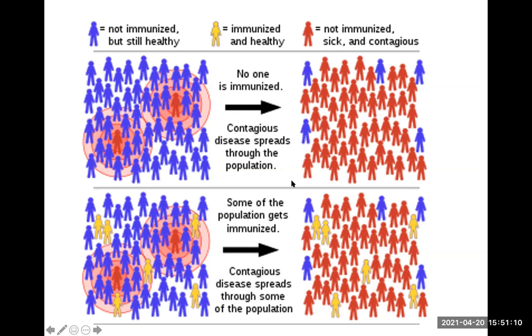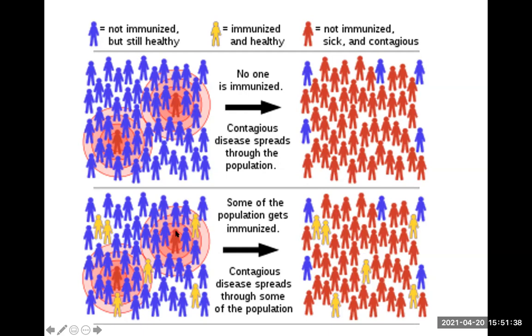Okay. Then you have a scenario where you start to have a few people who are immunized and they're healthy and protected. And they might protect, you know, one or two people that they're close to. But for the most part, you're still going to have the majority of the population get sick because they're not protected.